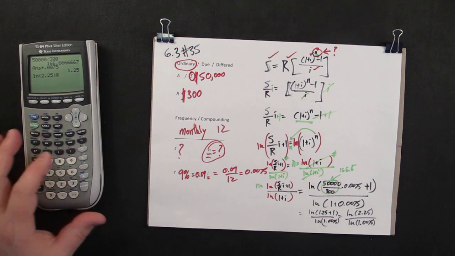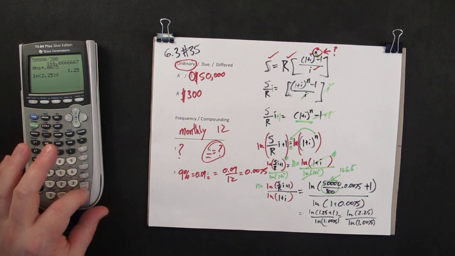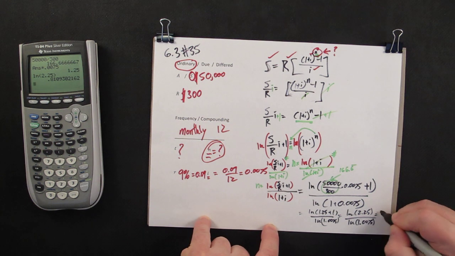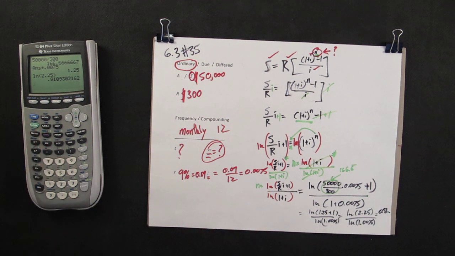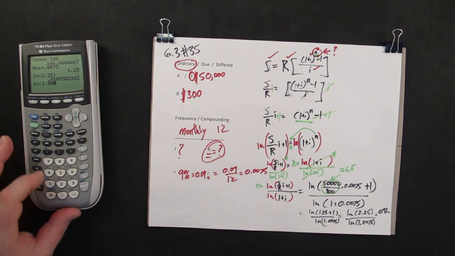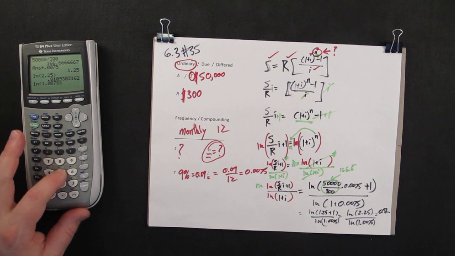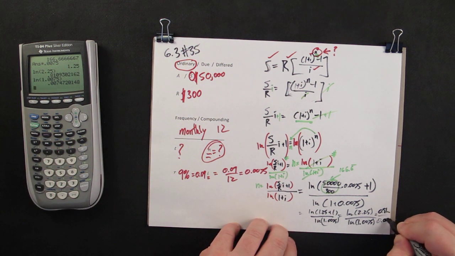So it's 0.81 over the natural log of 1.0075, which is 0.0074.